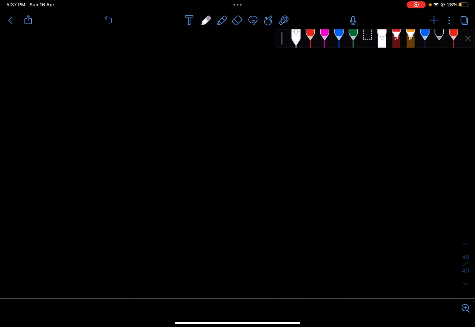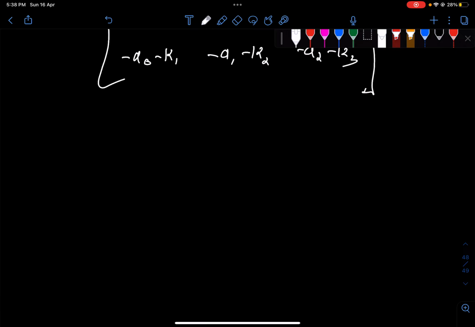So this is what happened to the state matrix after the introduction of a controller of gain K, or a row matrix of K1, K2, K3. Now we'll be doing a problem to design the K. The problem is quite easy.